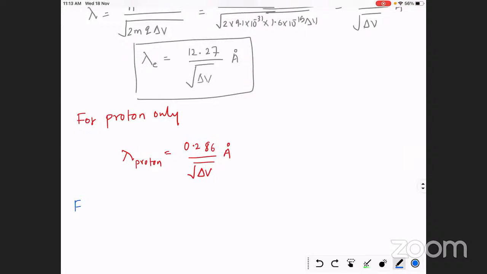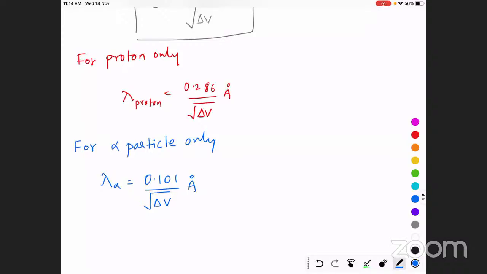For alpha particle only, you can write 0.101 divided by under root delta V Angstrom, for only alpha particle. Okay.